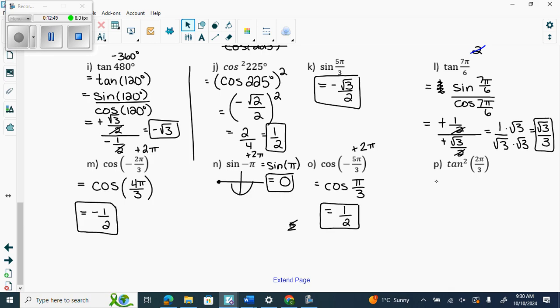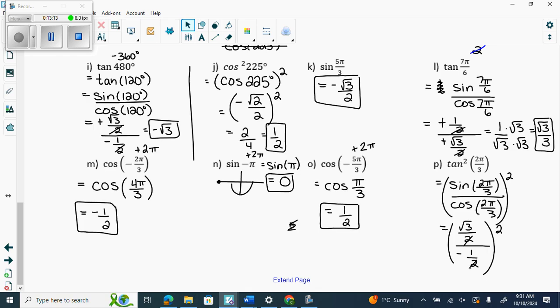And then we'd have to go sine of 2 pi over 3 divided by cos of 2 pi over 3, and then square it. What is sine of 2 pi over 3? Root 3 over 2, and cos? Negative a half.